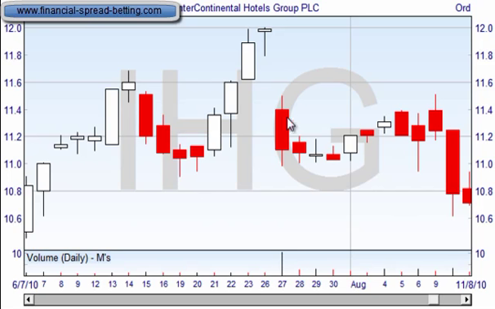The open for a bearish candle is at the top of the solid body of the candle, and the close is at the bottom, because obviously it's a bearish move, so its open was much higher than its close was. Otherwise it wouldn't be a red one, it would be a white one.